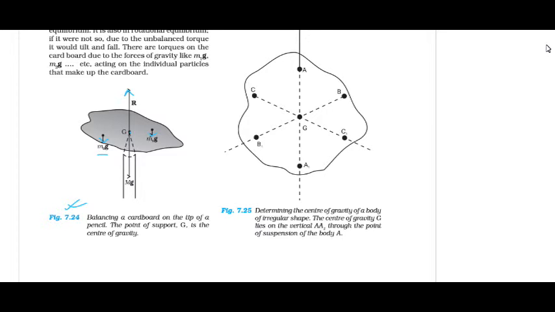Here they have determined the center of gravity of a body of irregular shape. The center of gravity G lies on the vertical AA' through the point of suspension A of the body.